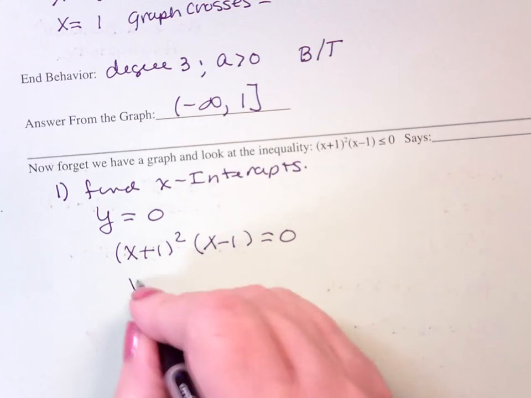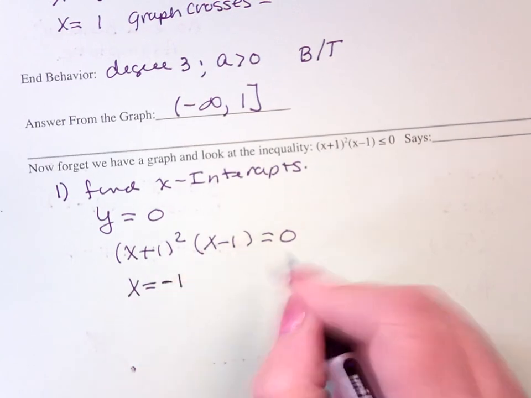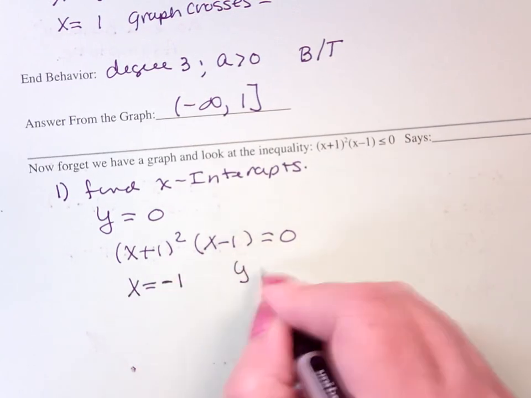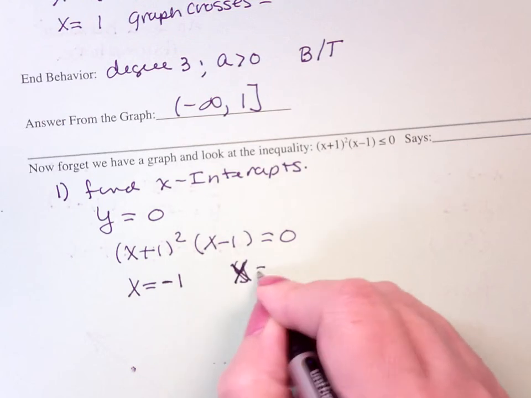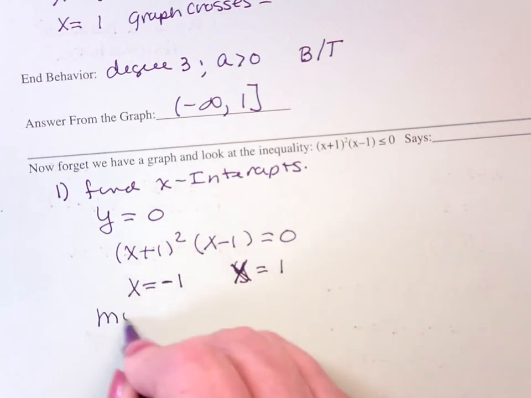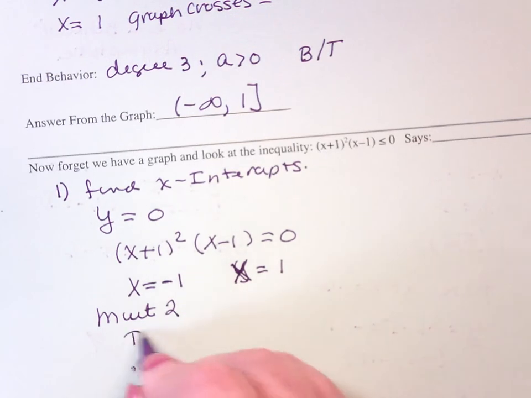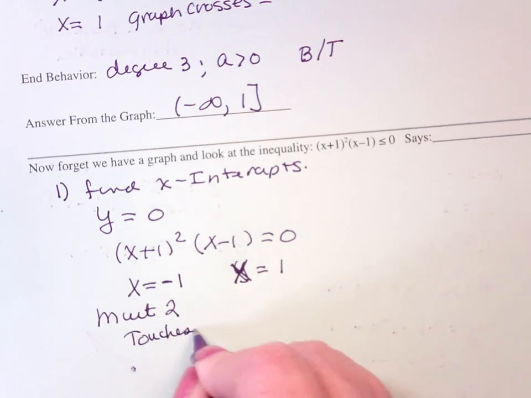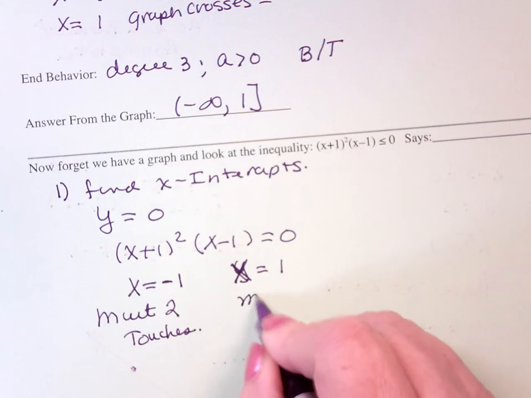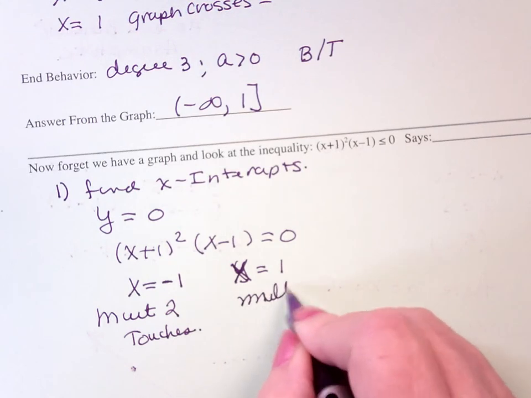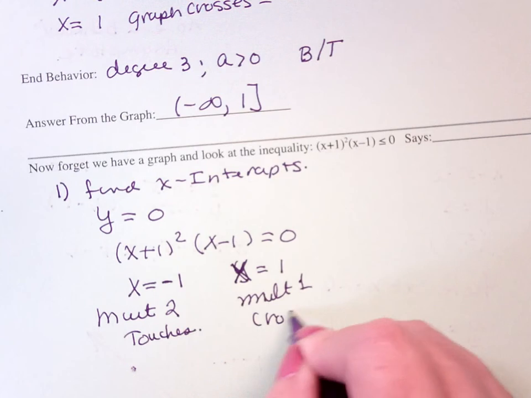This means x equals negative 1, x equals 1. This is multiplicity 2, so the graph touches. This is multiplicity 1, so the graph crosses.